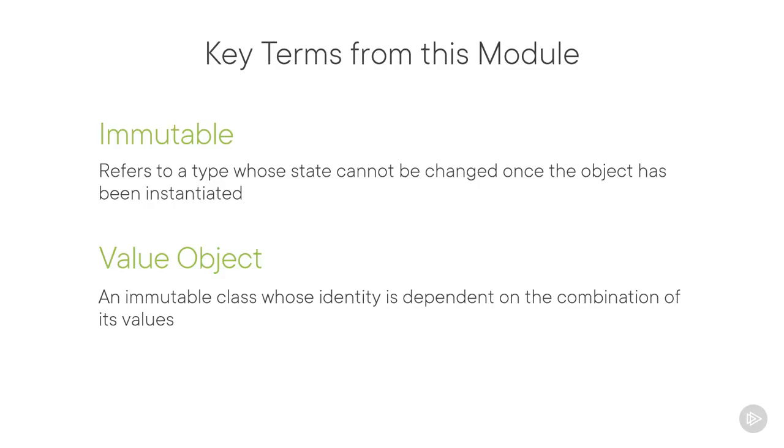A value object is an immutable class that is defined by the sum of the different properties that it has. We don't need an identity for a particular value object. In fact, a value object doesn't have any identity outside of the individual properties that it has. And in order for us to compare value objects, we simply compare all of its properties, and if they all match, then we can consider these two value objects to be equal.